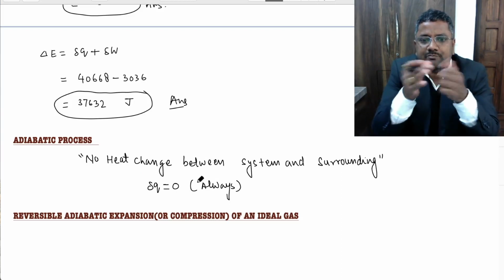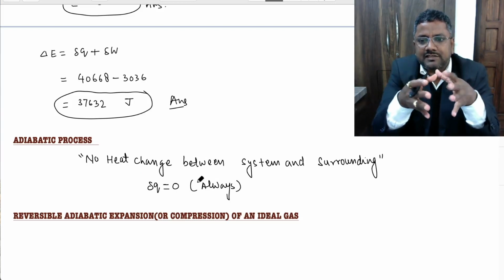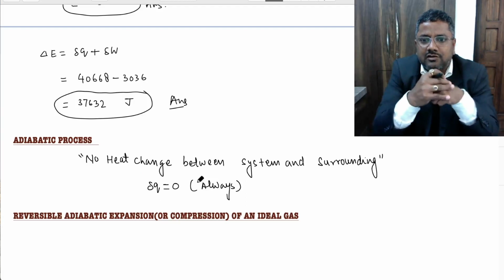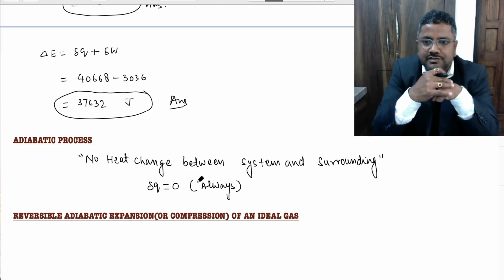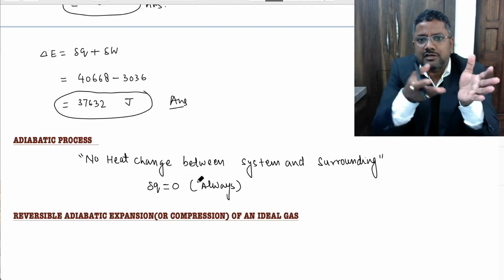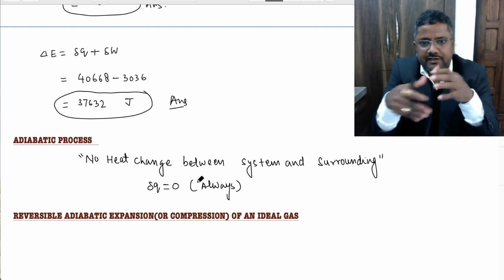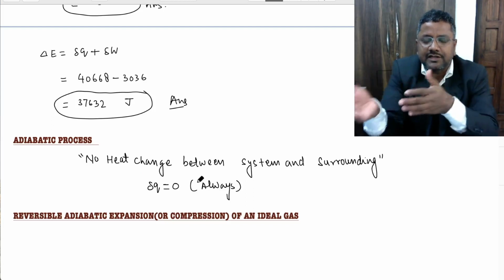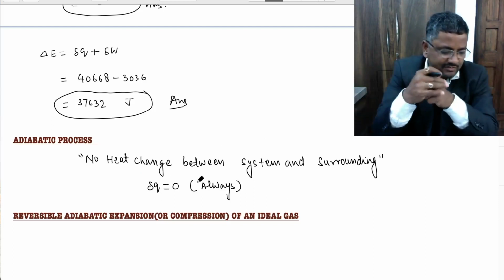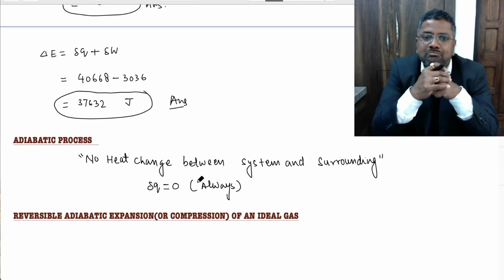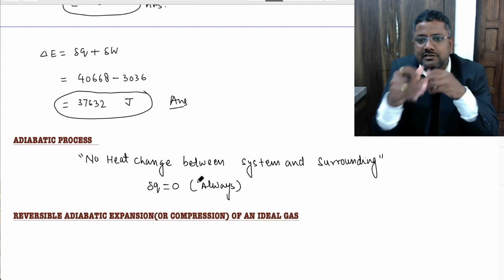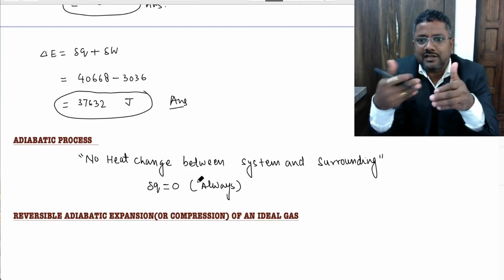So what is the impact of this? The impact of this is that the temperature of the gas will also change. Because when delta Q is not equal to 0, means when heat energy can flow between system and surrounding easily, in that situation this heat will maintain the temperature.